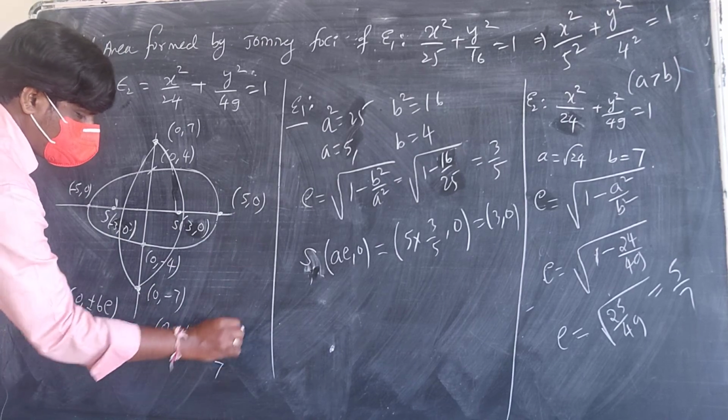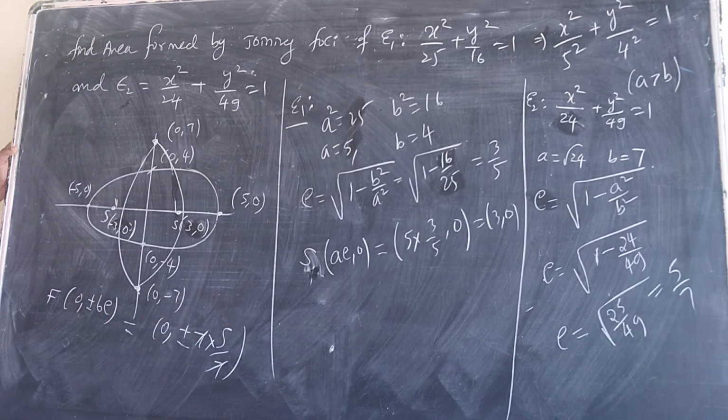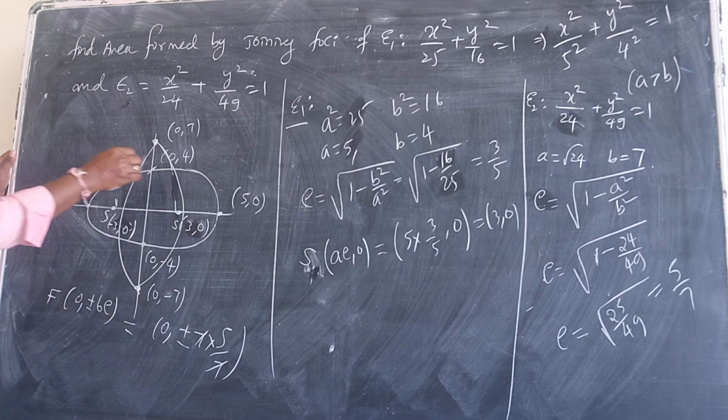So cancel out, what I get here? 0 comma plus or minus 5. Means I am getting focus outside.